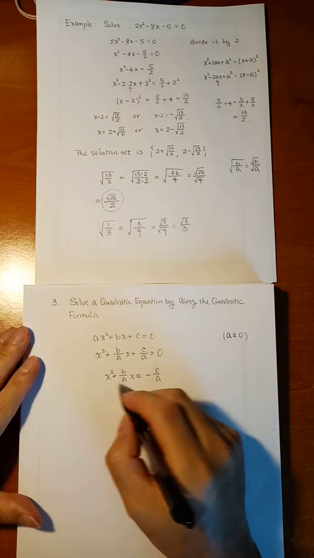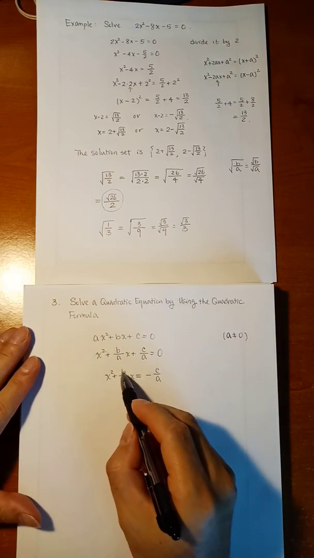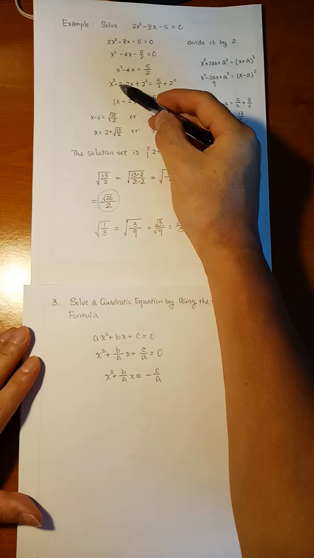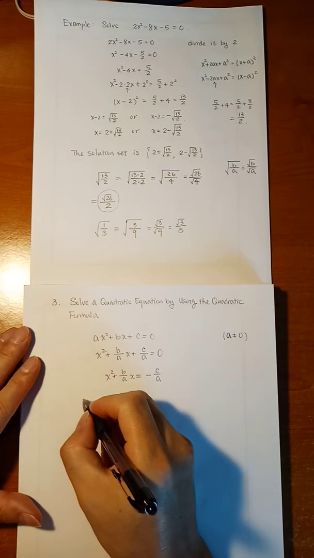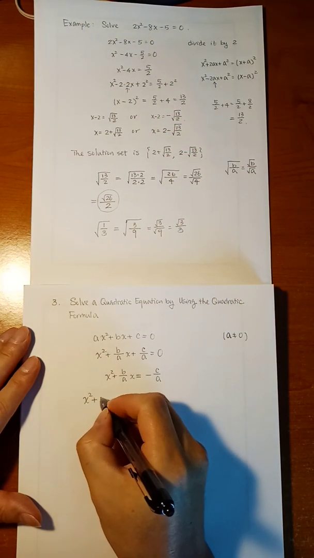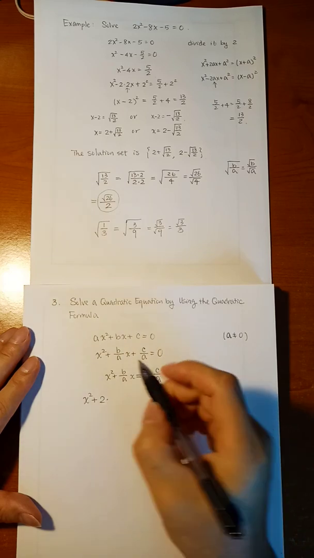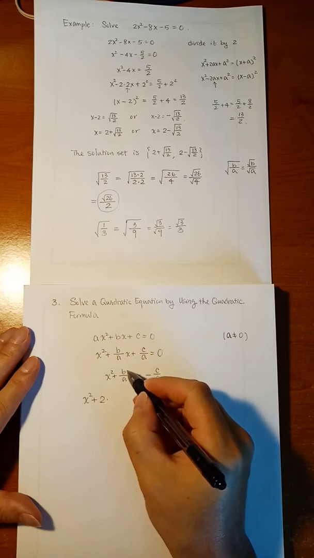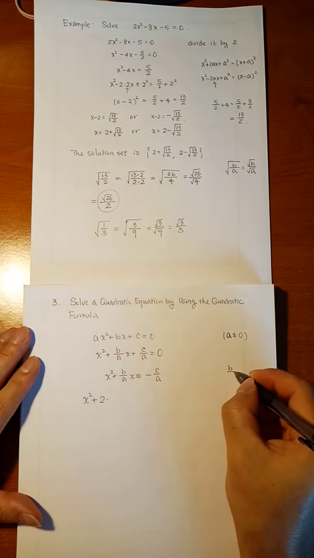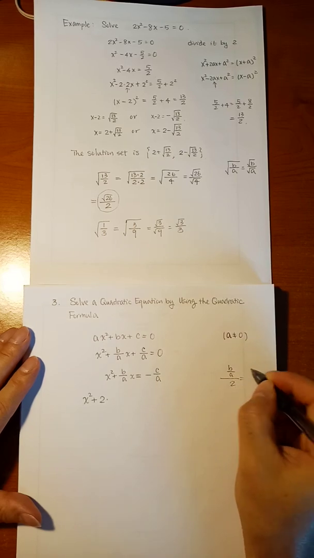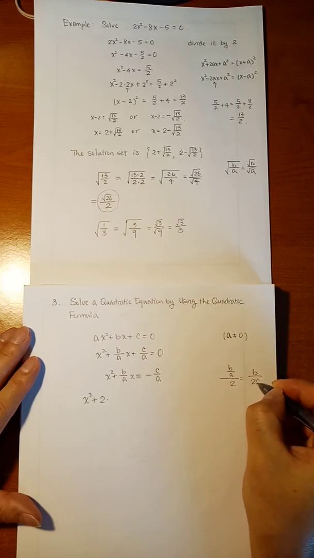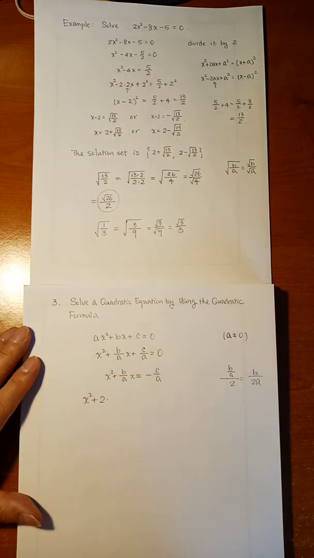Next, you artificially need a coefficient 2, and then you divide this quantity, b over a, by 2. b over a over 2 is b over 2a.